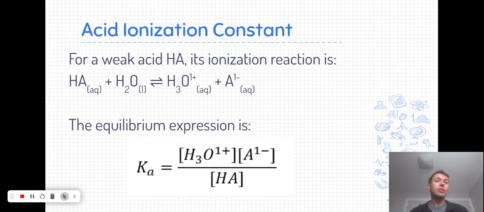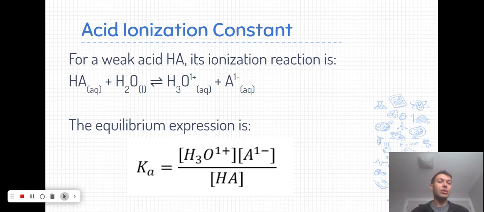Even for weak acids which are polyprotic, which donate more than one hydrogen ion, we will always consider their ionizations one hydrogen at a time, which means rather than having a 1:2 ratio in terms of the acid to the hydronium ions produced, we can always look at it in a 1:1:1:1 ratio.